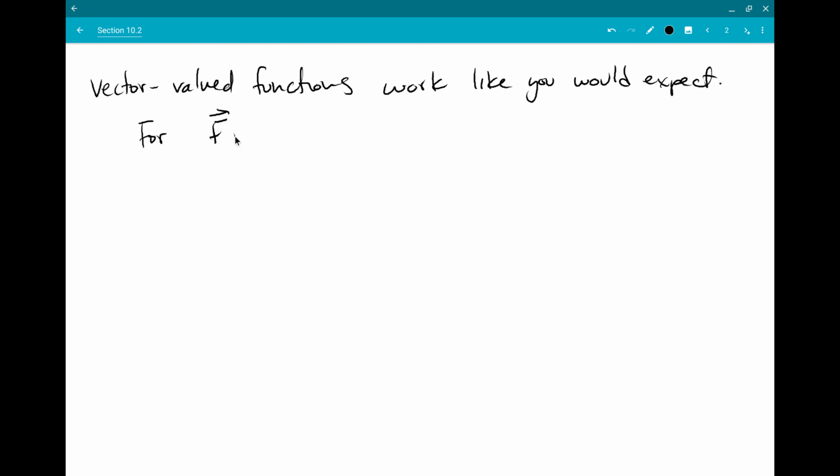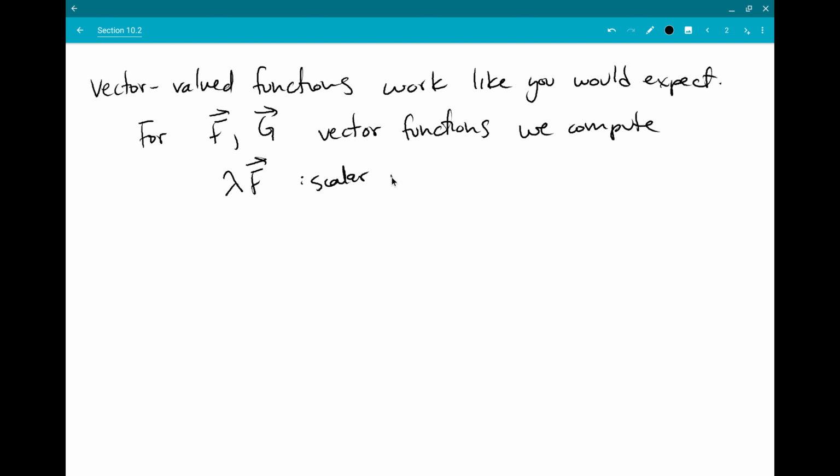For f and g vector-valued functions, which I'm just going to write as vector functions at this point, you can compute scalar multiplication like we learned for vectors, across all components of the vector.